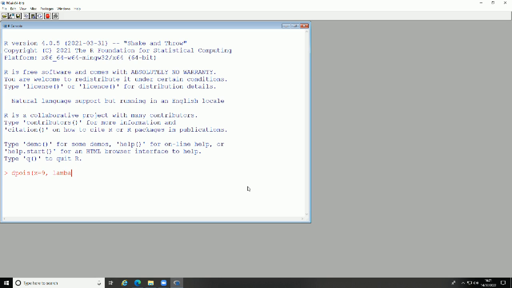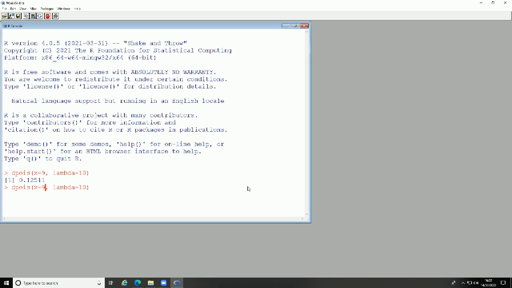And of course, you also need to input the value of lambda, equal to 10, for example. This command will tell us the probability for a Poisson distribution with lambda equal to 10 of getting a 9 from this distribution. This is how you get a Poisson probability.